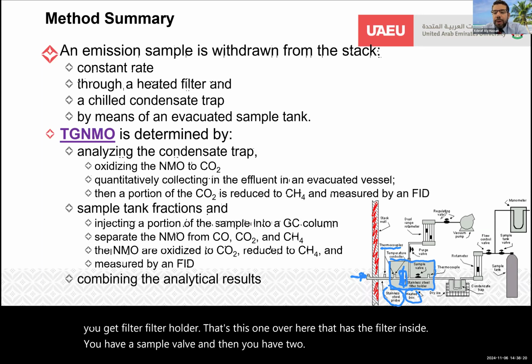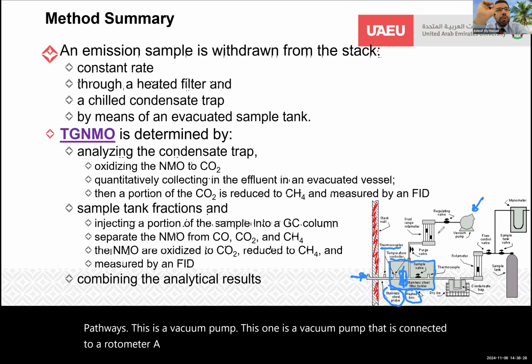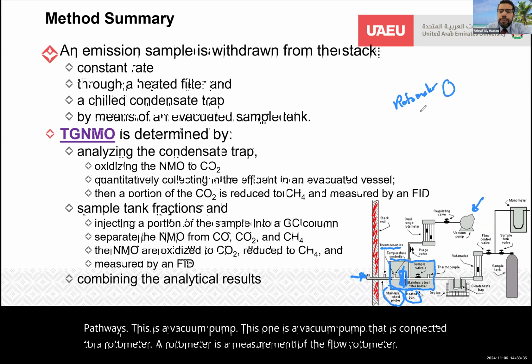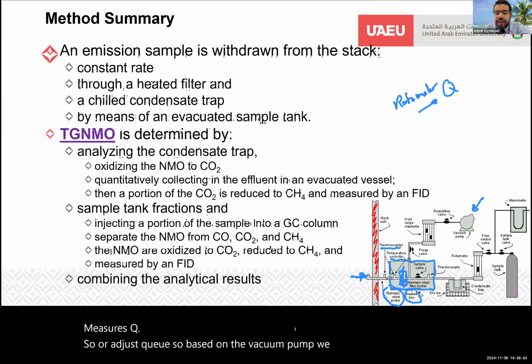This is a vacuum pump, connected to a rotometer. A rotometer is a measurement of the flow. The rotometer measures Q, or adjusts Q. Based on the vacuum pump, we make sure that the sample goes this way.